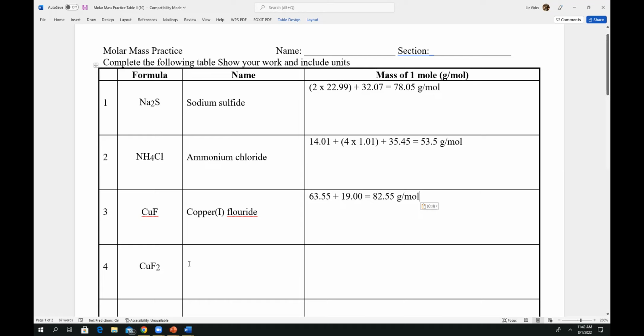Okay. Now this next one is copper 2 fluoride. Oops. Copper fluoride. Damn, where's my O? Okay, there we go. And this is wrong. I just noticed that that's in the wrong area. Okay, there we go. All right, so in this case, you have copper 2 and fluorine 2.